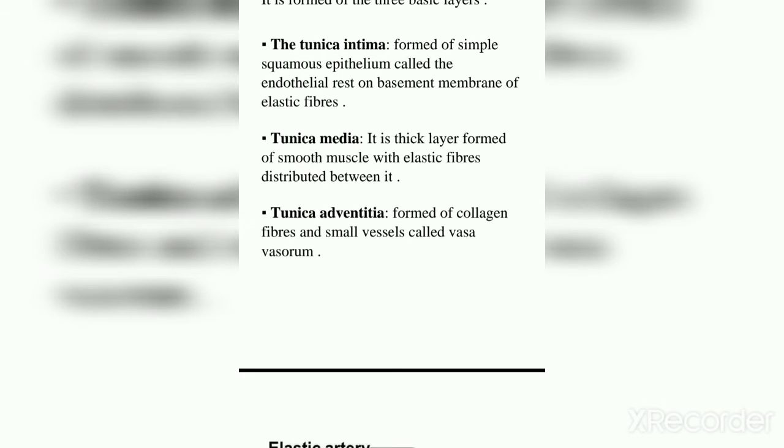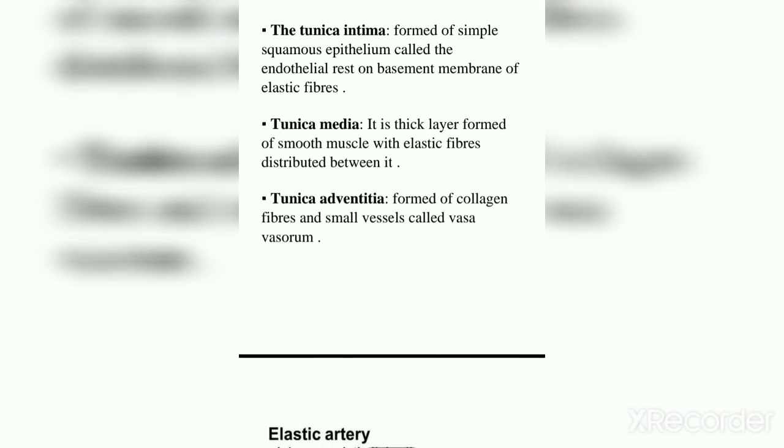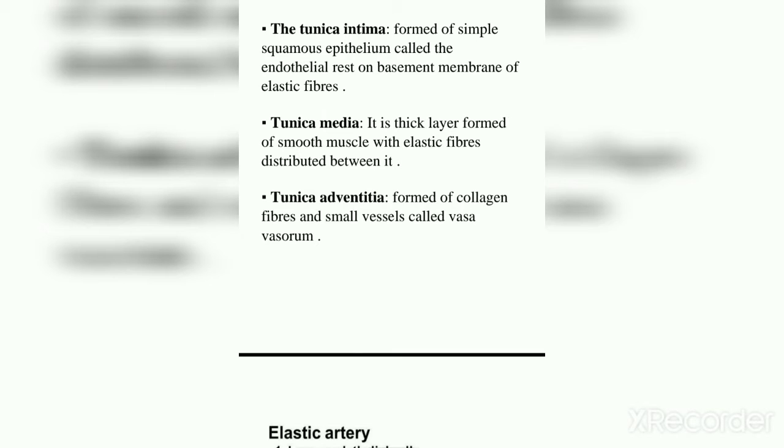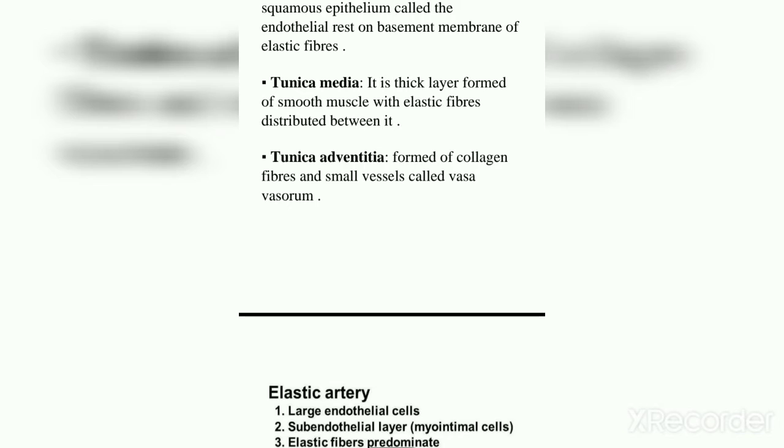The tunica media is a thick layer formed of smooth muscle with elastic fibers distributed between them. The tunica adventitia is formed of collagen fibers and small vessels called vasa vasorum.